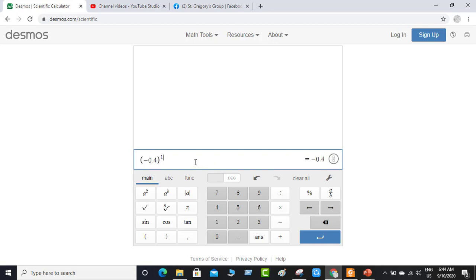If we put 100 as the power, you can see the number is very small. If we put 1000, then the number is so small that the calculator is showing 0. And if we put another 0 here, power 10,000, the number is so small that the calculator is not even able to calculate the proper value. It is showing the approximate value, which is 0.